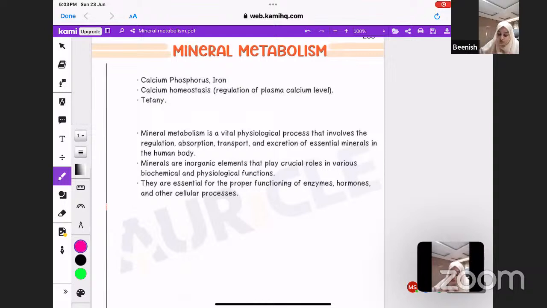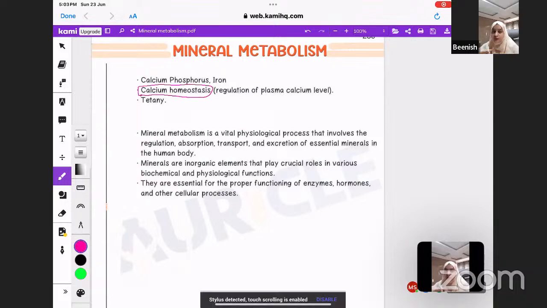Before I begin, it is very important to maintain a certain range or level of minerals in our body. For example, talking about calcium, calcium homeostasis is the regulation of plasma calcium levels. So there is a certain level that has to be maintained.